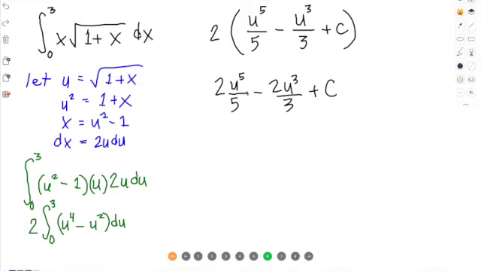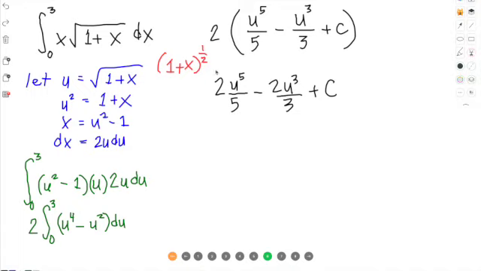Now what we need to do is substitute the value of u, which is equal to the square root of 1 plus x. We can directly substitute our bounds, since these are in terms of x and we substituted u in here. So let's plug in 1 plus x to the 1/2.